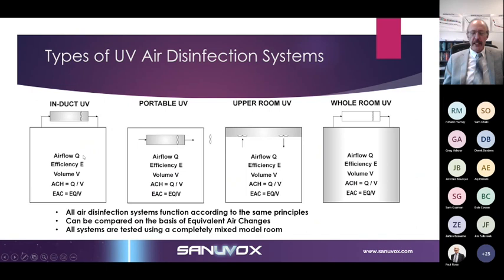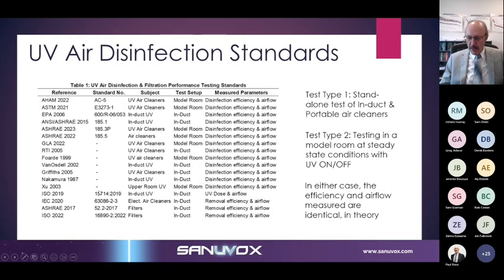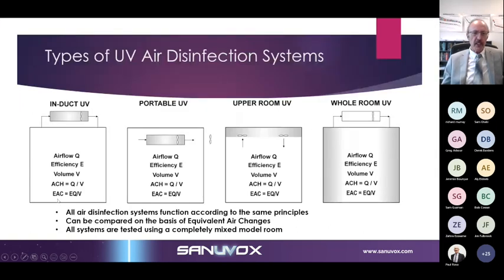Each unit will have an airflow and an efficiency, and when these units are applied to a room with a volume V, we can compute the air change rate, the unfiltered or uncleaned air change rate. We can also compute the equivalent air change rate by multiplying the efficiency times the airflow divided by the volume. This gives us our equivalent air change rate.